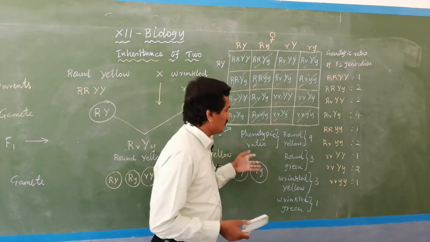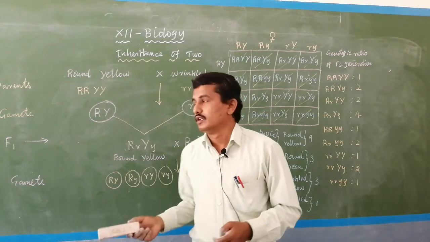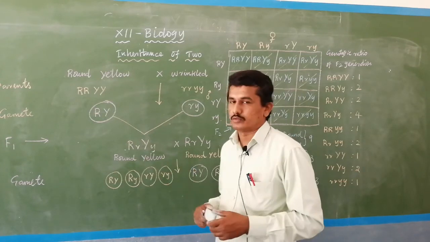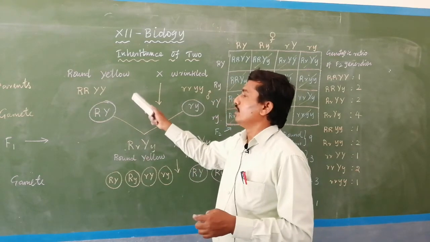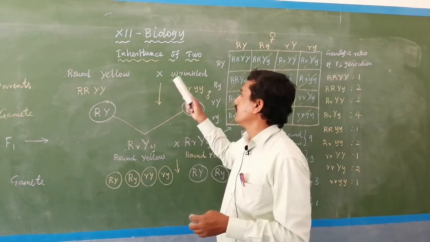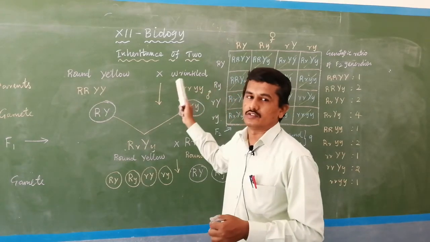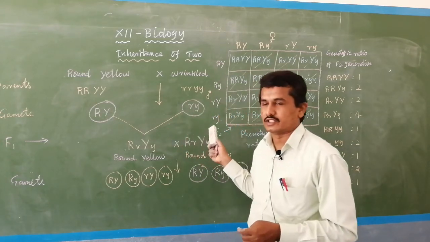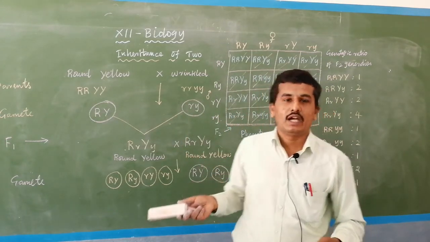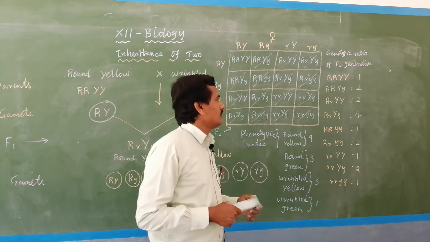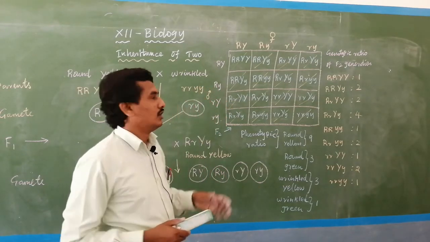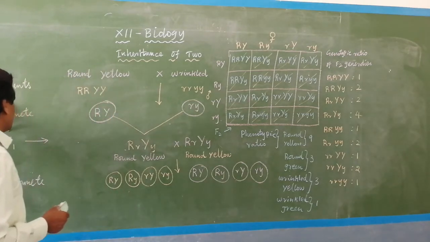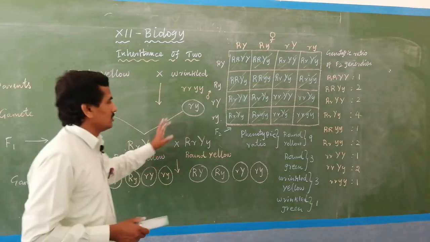In your board exam also, the question is: work out a dihybrid cross between round yellow plants and wrinkled green plants, show the F1 and the F2 generation, and show the phenotypic and genotypic ratio of the F2 generation. Means you put the whole cross including the parents, gametes, F1 and all the things.